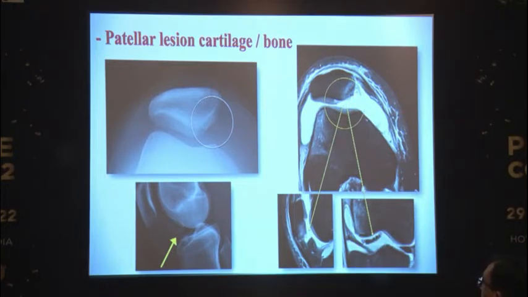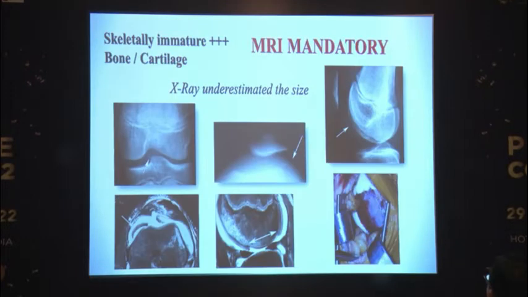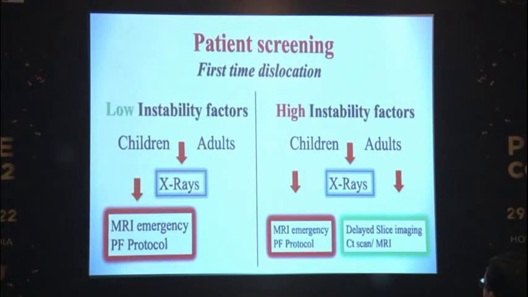Especially if you deal with a young patient. So in a skeletally immature patient, the MRI is mandatory after doing the X-ray, because the X-rays underestimate the size of the osteochondral bone fragment. So you will see this piece of bone. This piece of bone is very impressive, and when you open the knee, you are facing that, which is major.